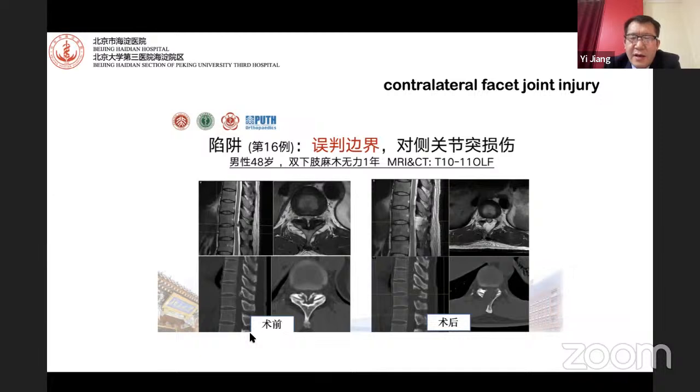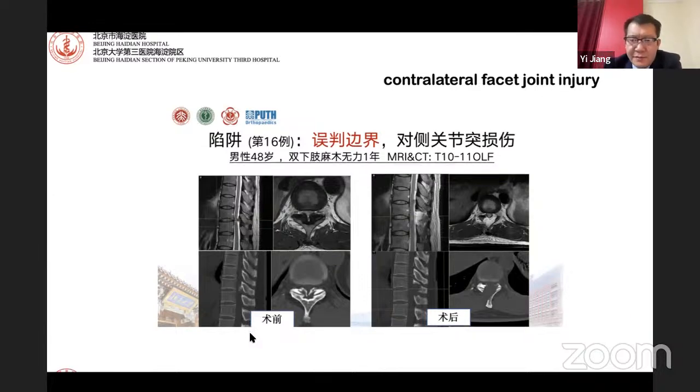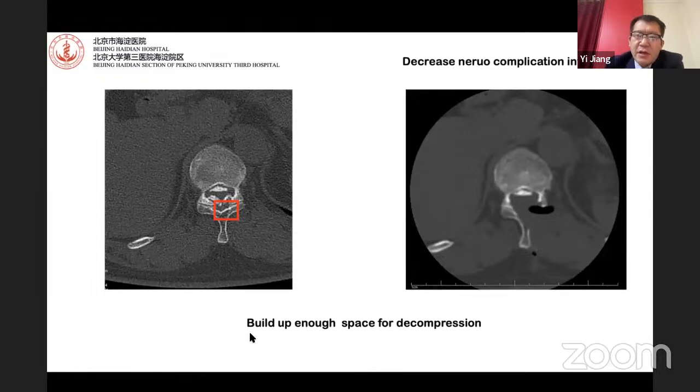Sometimes we can find these complications, but in the thoracic segment we didn't find instability in the short follow-up. In case of injury to the spinal cord, we suggest that we build enough space for decompression.